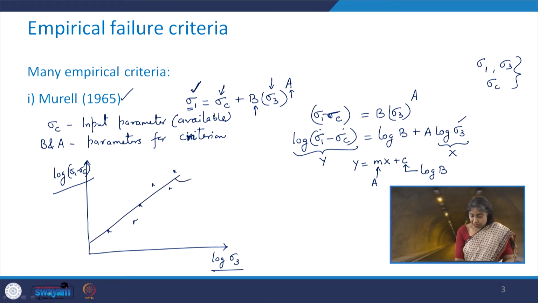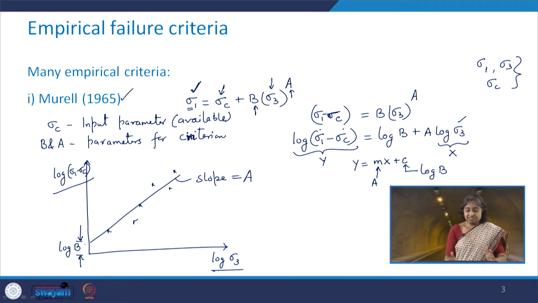Its slope would be given as a, and the intercept on the y axis will be log of b. So after plotting this, we can take the slope and assign that to a and the intercept as log of b. This way, from the experimental data, I can determine the parameters for the criterion.